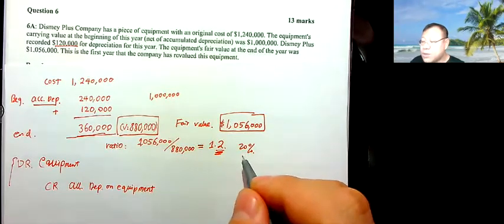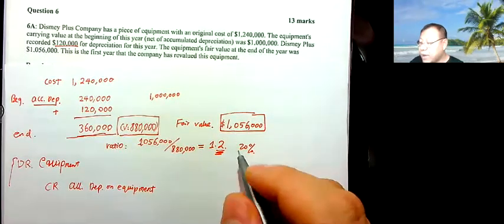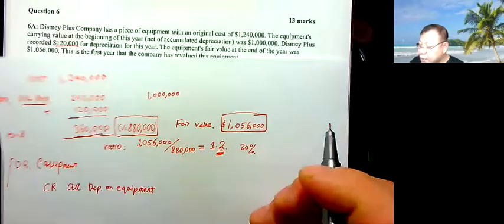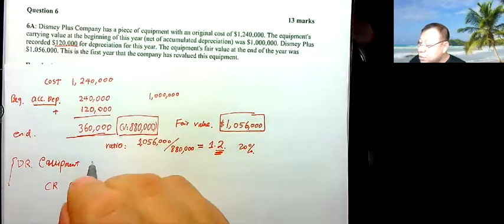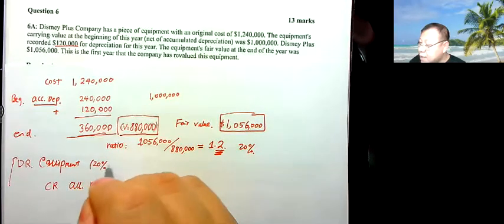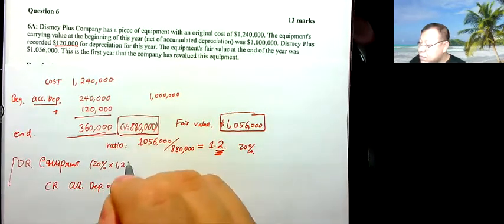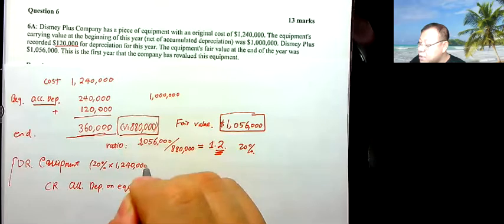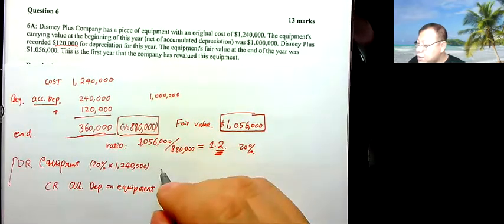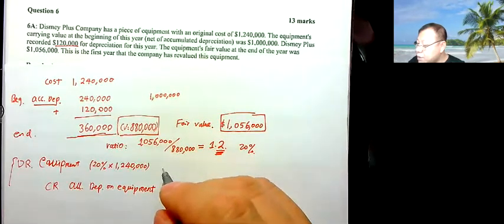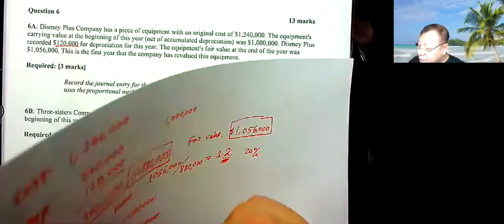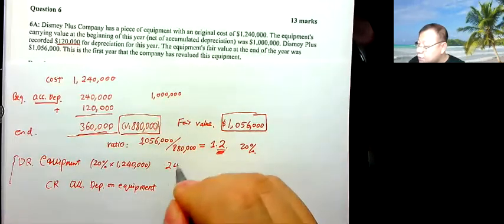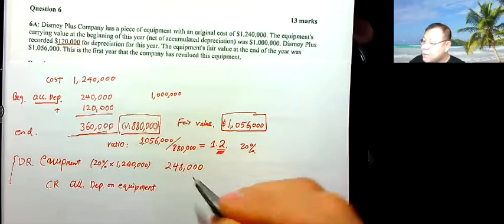So basically, I'm going to use 20% times the cost of the equipment. This is going to be 248,000.